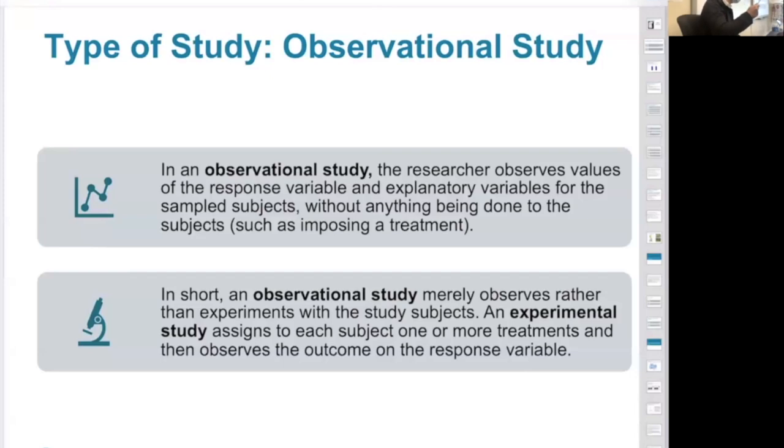You observe whether the first driver who comes follows the rule and stops at the stop sign or not, and write what you see. You cannot tell the drivers to stop or not stop. You cannot force them. You just observe what's going on. So this is a type of observational study.